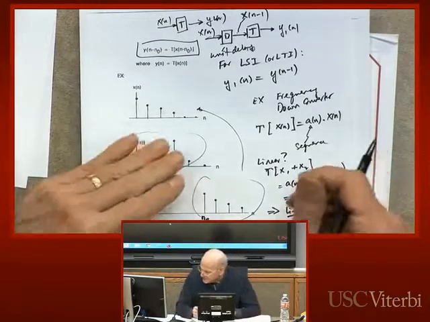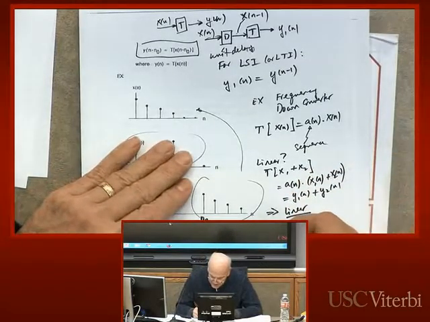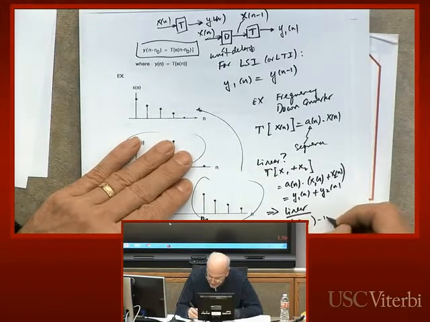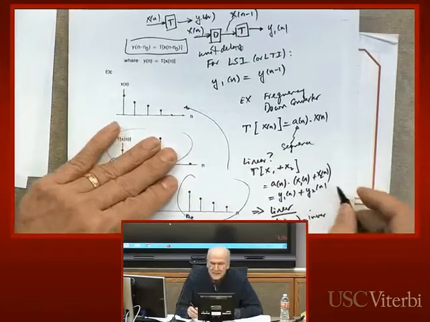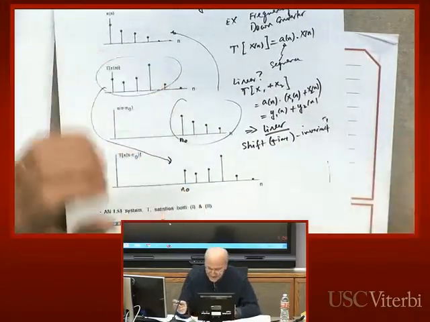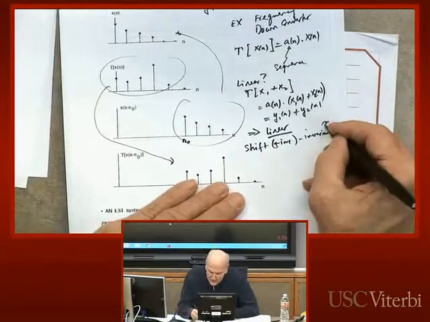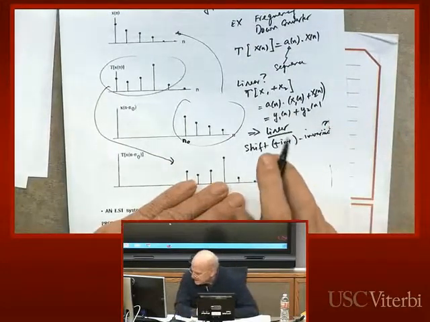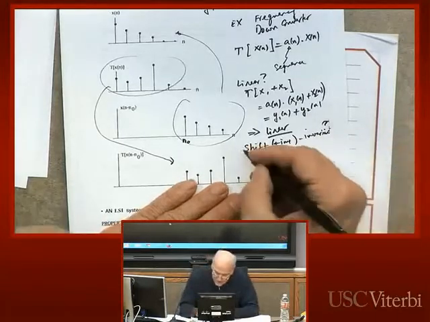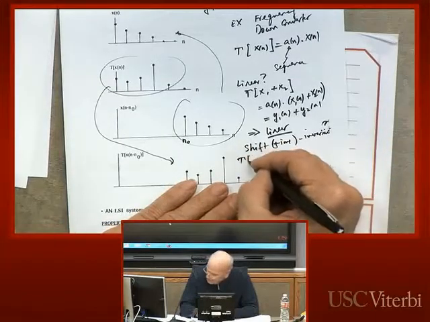But let's look at shift invariance, or time invariance. Is it variant? We will see in just a second that no, it isn't. If a of n is not a constant, a of n messes things up. Check it out.